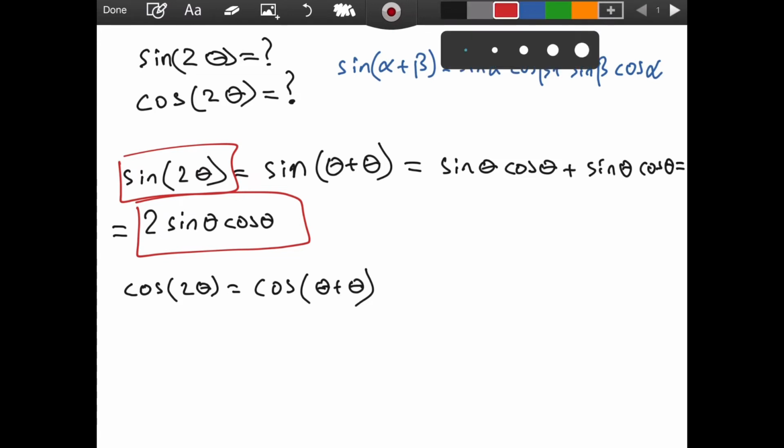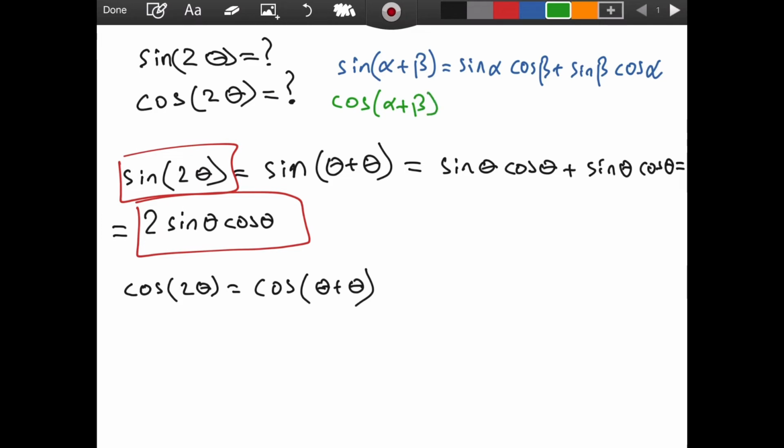That formula you can also access from the cards right now, and it is also in the description. That formula turns out to be, as we already proved together, cosine of alpha plus beta is equal to cosine of alpha times cosine of beta minus sine of alpha times sine of beta.